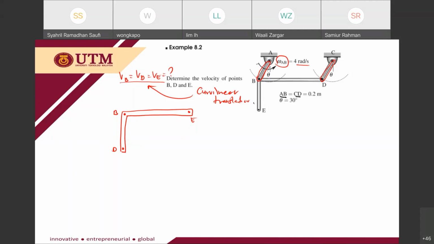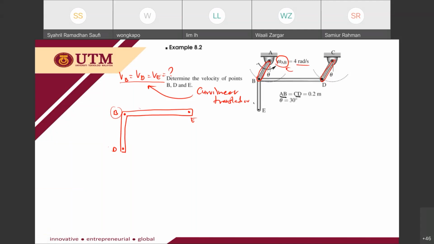BDE is affected by the rotational motion of AB and CD, so in order to determine the velocity of B, D, and E, we need to use the information from omega AB.